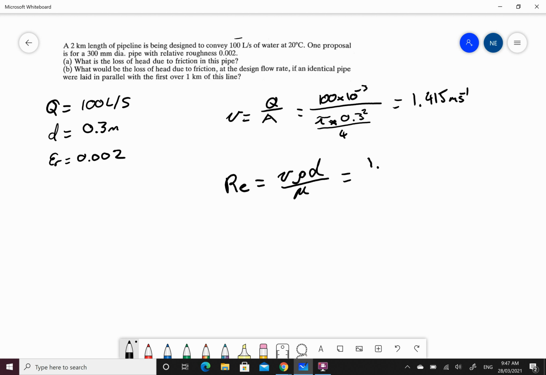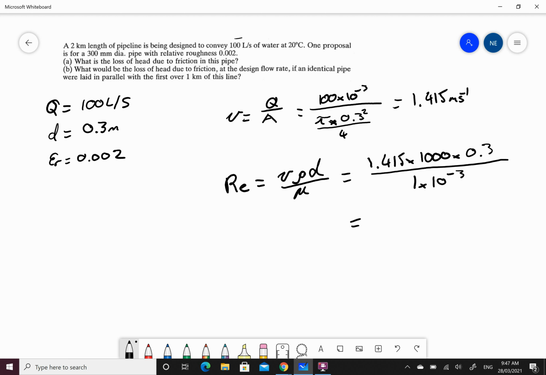So 1.415 times 1000, times, this can be 998 if you would like. Both will be correct. Diameter 0.3, dynamic viscosity, which was from that appendix.